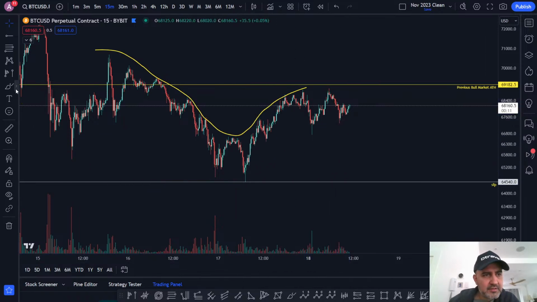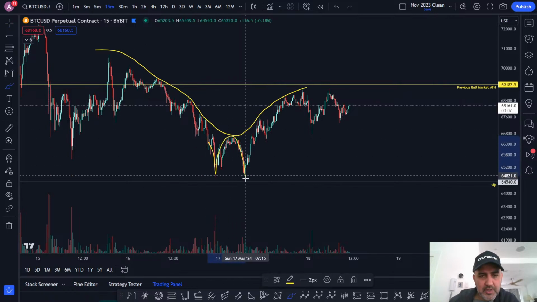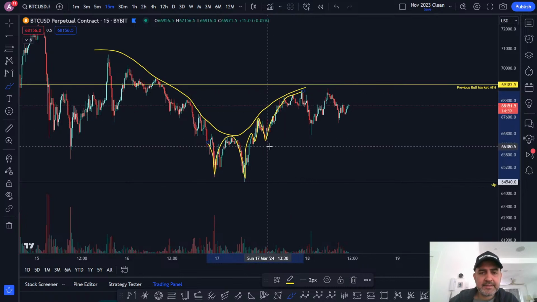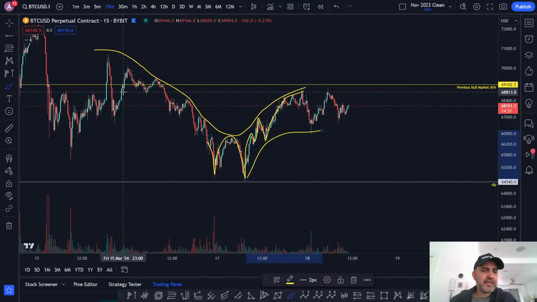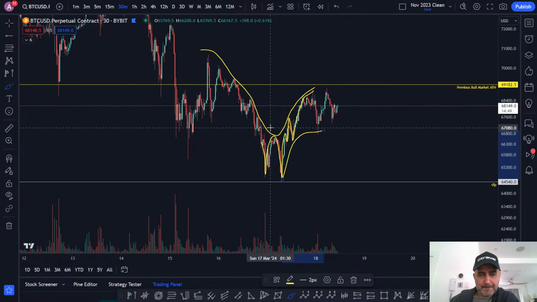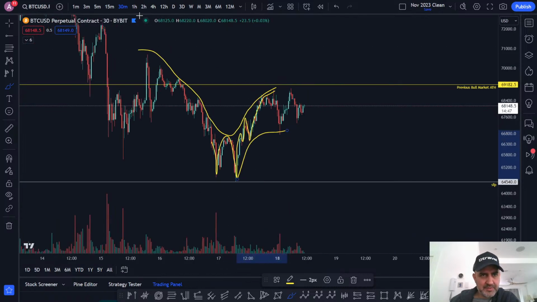You see here, on the 15-minute time frame, lower low, higher high, higher high, higher low. You started to make higher highs, higher lows. So we're back into bullish market structure on the really low time frame, and that goes up to the 30-minute.